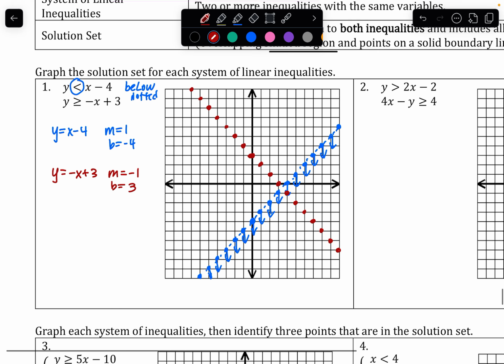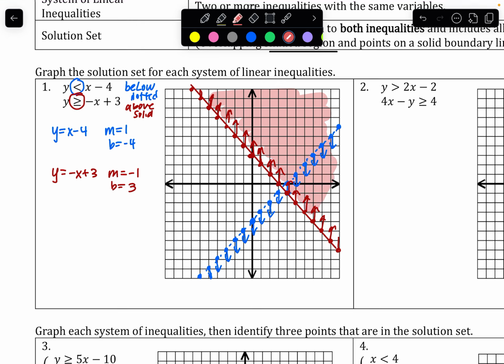Okay, and so this one is our greater than, so we are going to shade above. And then we do have the line, and so it's going to be solid. And so connect your points with a solid line. And then we are shading above the y-intercept, above every point on the line. Okay, and so if I were to shade this whole solution set, I would be shading this region over here.